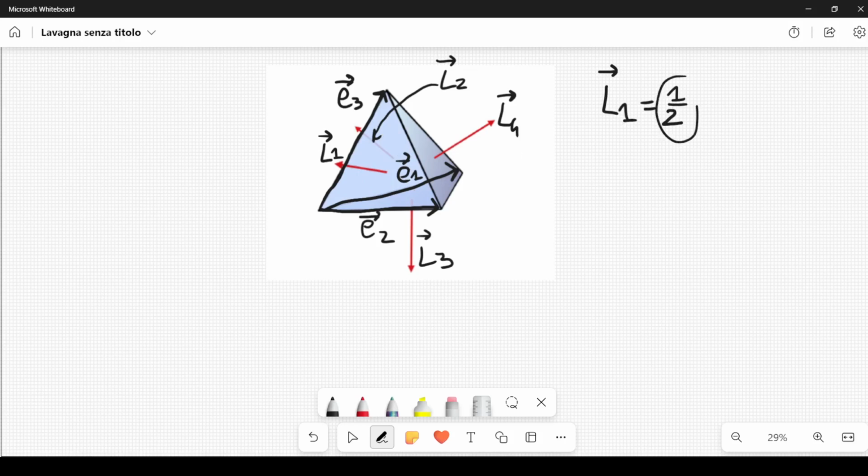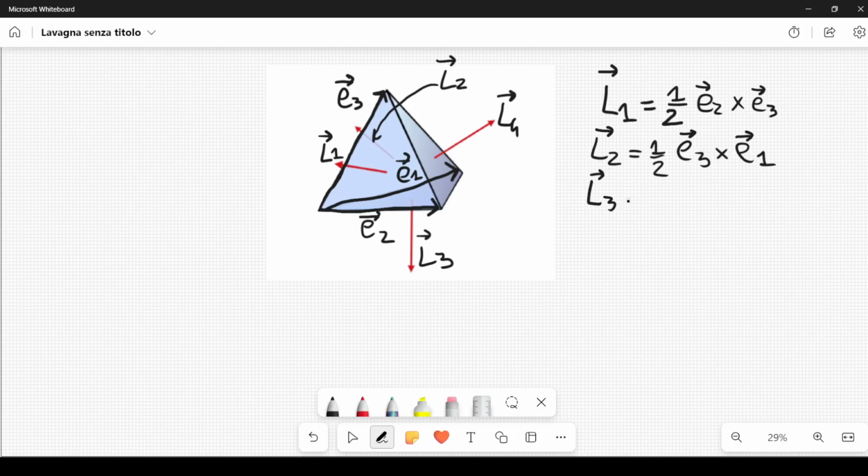So I multiply by 1/2, and then I have E2 cross E3, and similarly we have L2 equal to 1/2 E3 cross E1, and then I have L3, which is equal to 1/2 E1 cross E2.